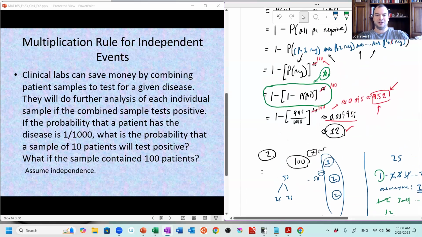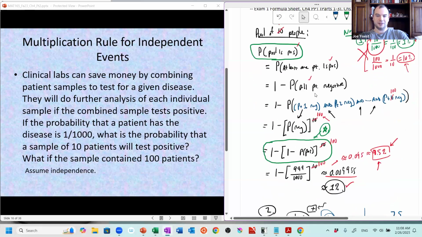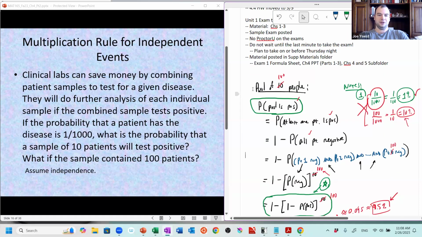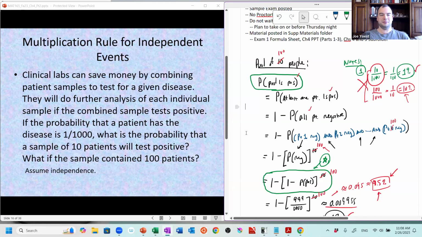But just showing how these probabilities could lead to, at least mathematically speaking, the ability to pool people and get really huge advantages out of being able to pool people. We can take our search effort from linear, from one amount of effort per person tested, to logarithmic. And that's really a huge benefit.